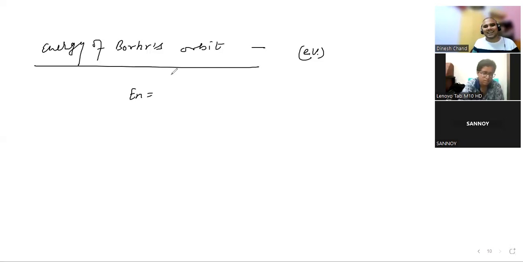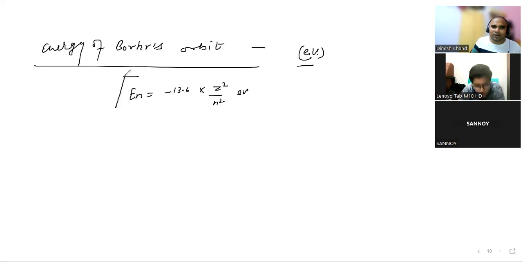That is the Rydberg equation you are saying. This is the simple one in electron volt: minus 13.6 into Z square by n square electron volt. No, sir, I did not know this one, sir. I knew the Rydberg formula only.